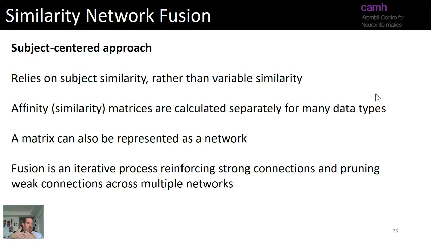How similar is each person to each other person? Those matrices will have the same dimensions, right? It's going to be all of the people in your study, how similar are they according to one data type, two data types, three data types. Use information from each of those similarity matrices to update each other. It reinforces the similarities that exist in multiple data types, and it begins to degrade similarities that might be specific to a single data type.